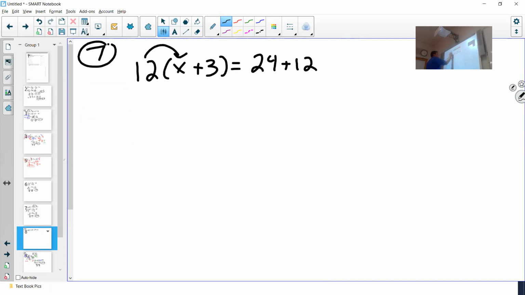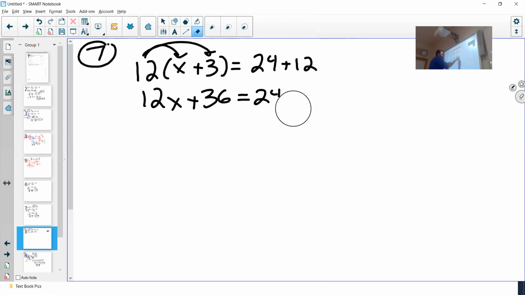So I'm going to distribute this 12 over here. 12x plus 3 times 12 is 36 equals 24x. No, I'm sorry, that x is over here. So 24 plus 12x. Now I'm going to move the smallest x, 12x.